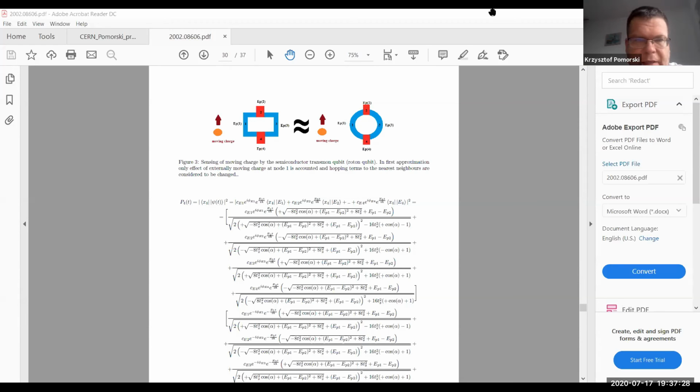I already placed this paper in this chat. I'm not aware of somebody using it. I have certain ideas of how to do quantum electrodynamics in such types of systems, but I have to admit that mostly I was working on my own, in the sense that I try to have coherent reasoning and as many analytic results as possible.